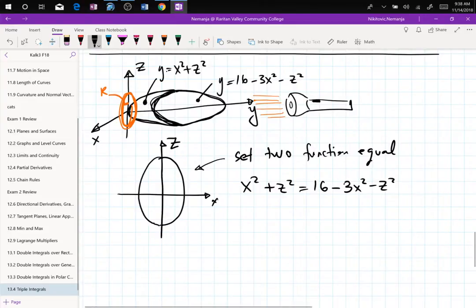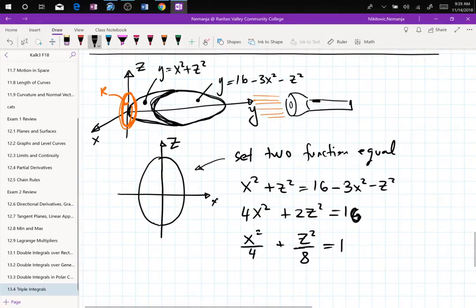And now you just solve this. You move 3x squared to the other side. You will get 4x squared. Move z squared to get plus 2z squared equal to 16. And if you remember anything about your equation of the ellipse, you will divide everywhere by 16 to get x squared over 4 plus z squared over 8 equals 1.